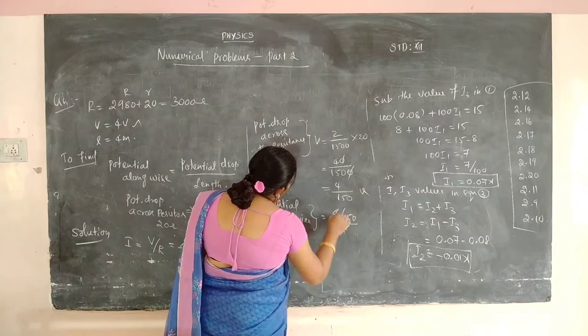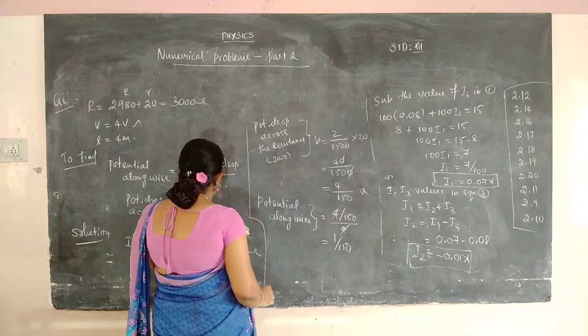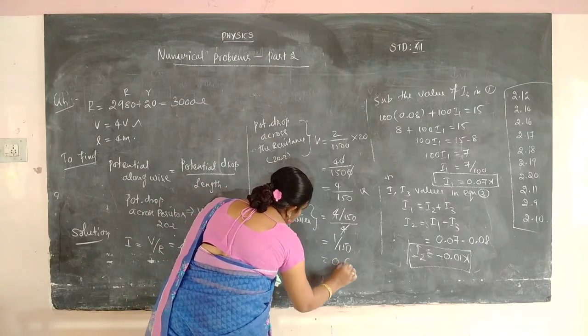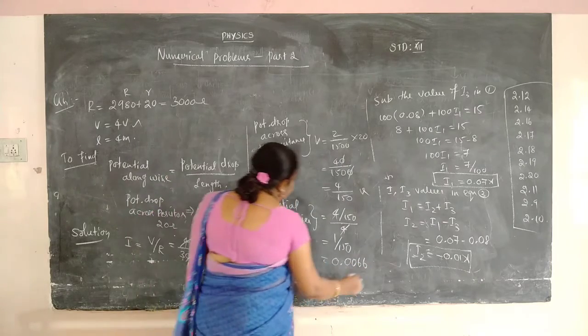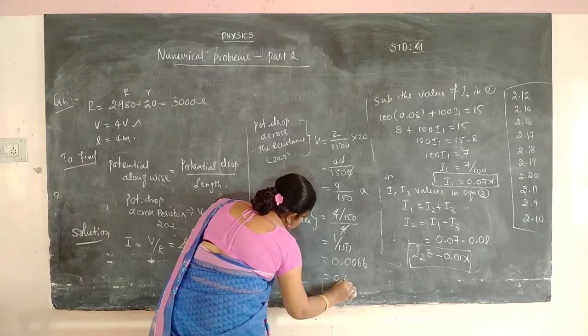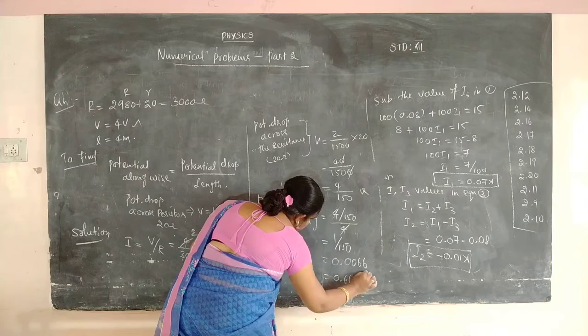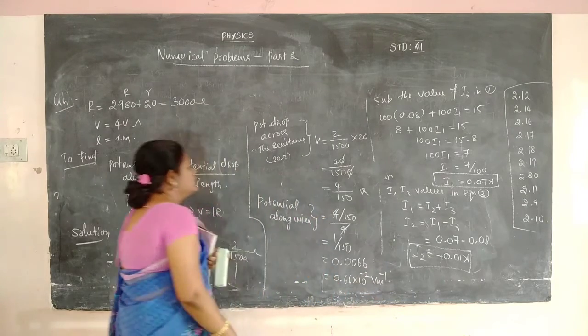So 4 cancels, 1 by 150. So 1 by 150 is 0.0066, that is 0.66 into 10 power minus 2. That is volt per meter. The unit is volt per meter.